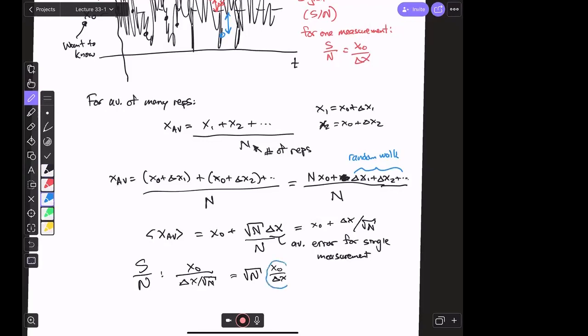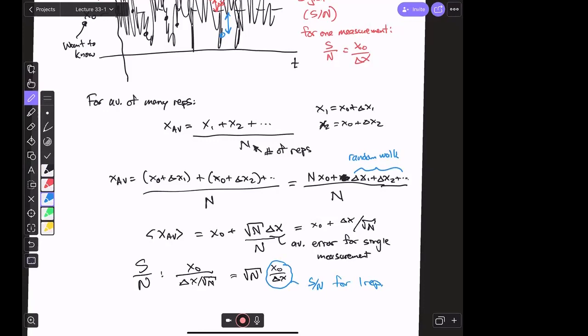When we recognize X naught over delta X, that's the signal to noise for one repetition. So we did improve our signal to noise, as you should have expected, but maybe we didn't improve it by as much as we wanted to, because it only improves by the square root of the number of repetitions.